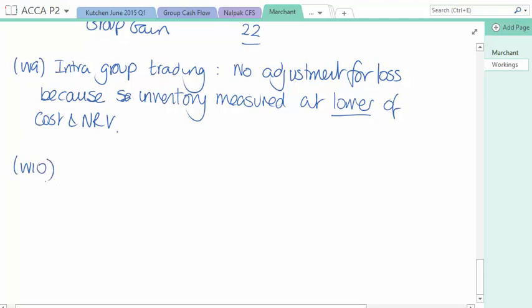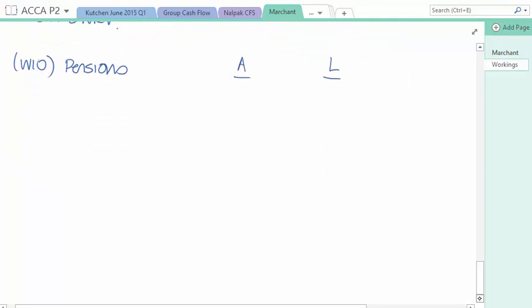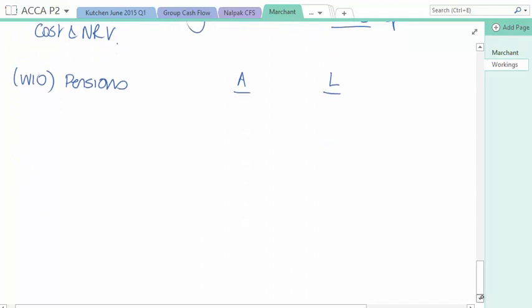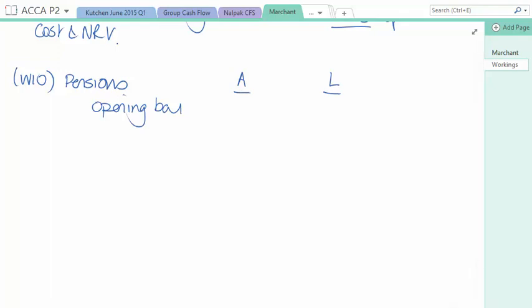Note 5, we've got some pensions. And all I'm going to do is set up a little table with assets and liabilities. And this is nothing to do with groups, is it? It's if we know our rules on pensions. So here we've got an opening balance in respect of pensions, $48 and $50.